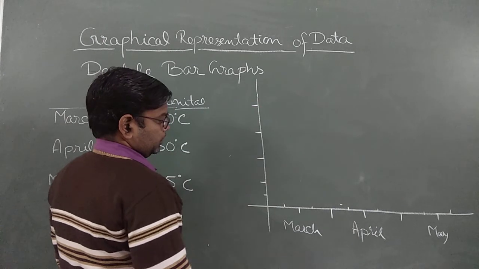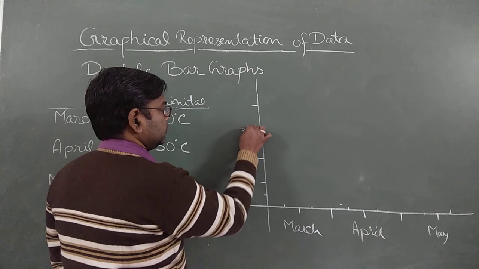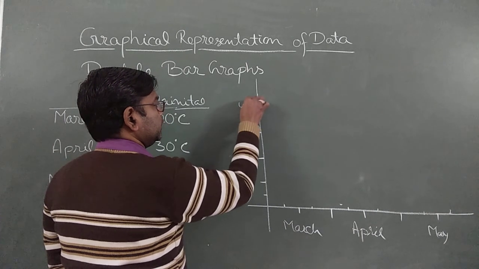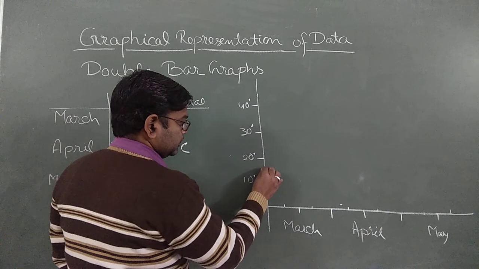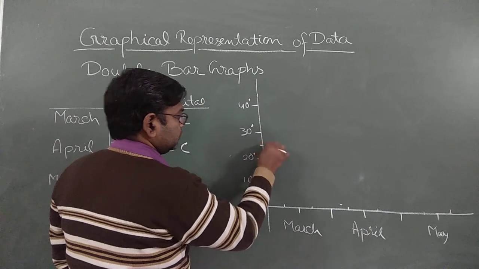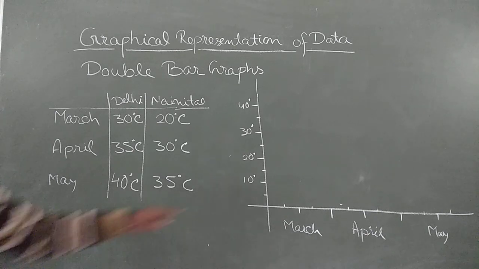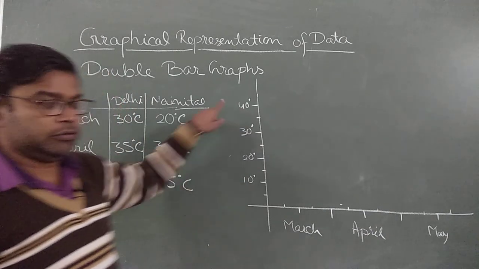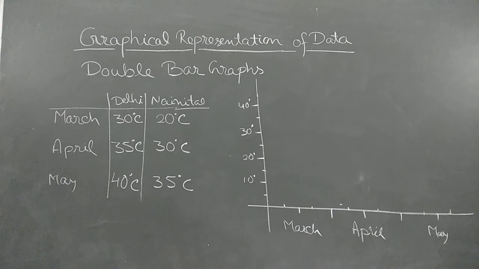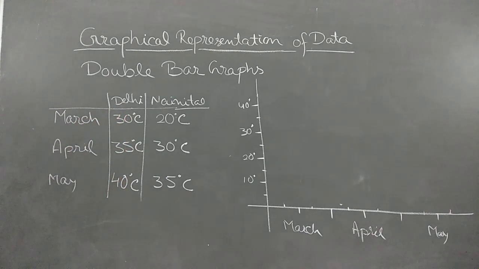So this is 10, 20, 30 and 40 degrees centigrade, temperature in centigrade. These in between are the halves, so it's 5, 10, 15, 20, 25, 30, 35, 40. So these are the temperatures. First we check the temperature of the city Delhi. In Delhi there is 30 degrees centigrade.